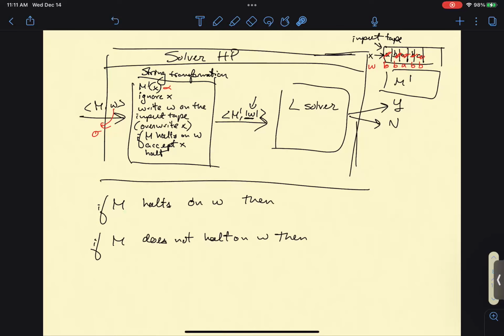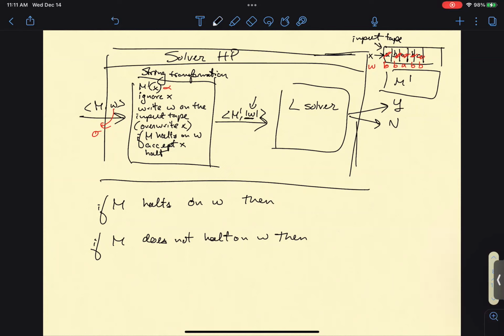Well, let's think about it. M prime is the thing that's using the input cells. M prime ignores X, and then it writes W on the input tape. So that means it uses at least length of W, and then it halts and accepts. So does it use at least length of W cells?